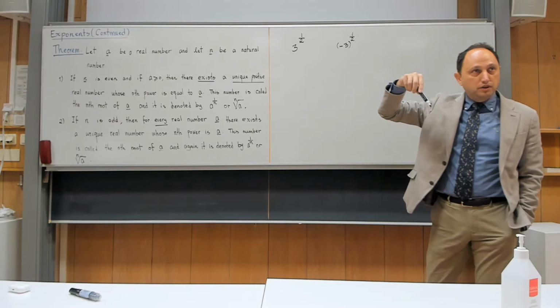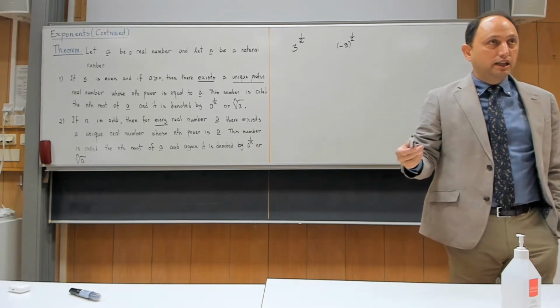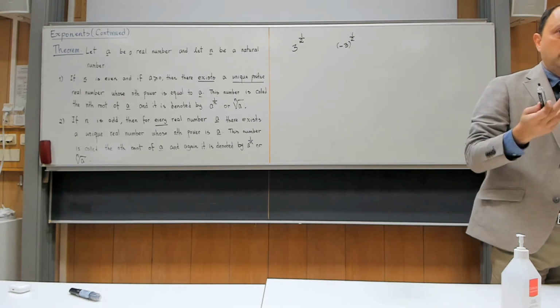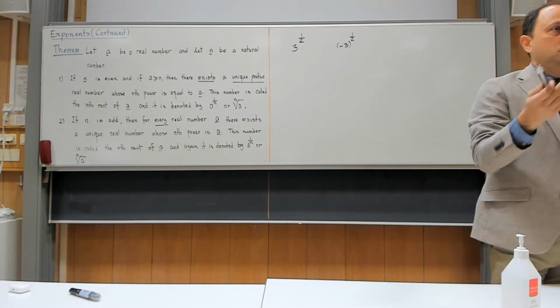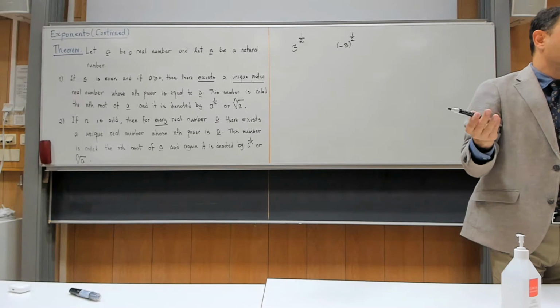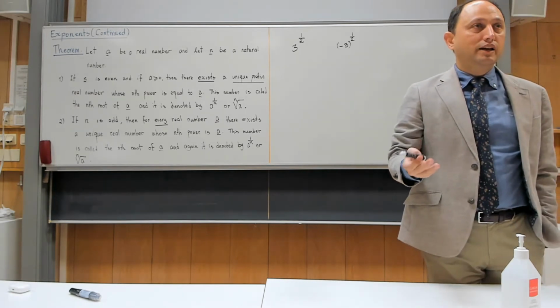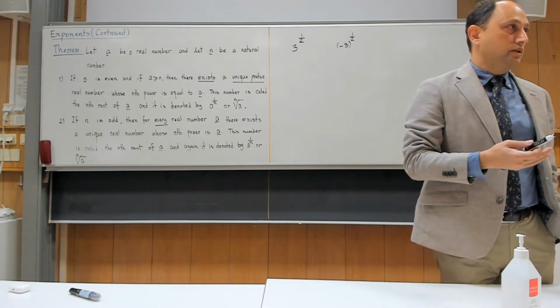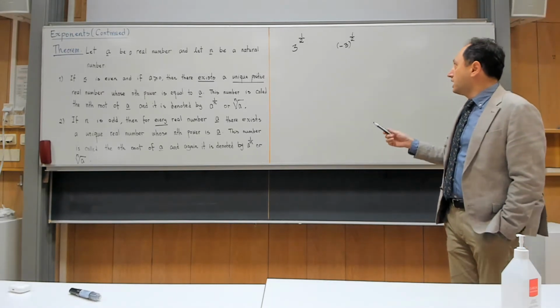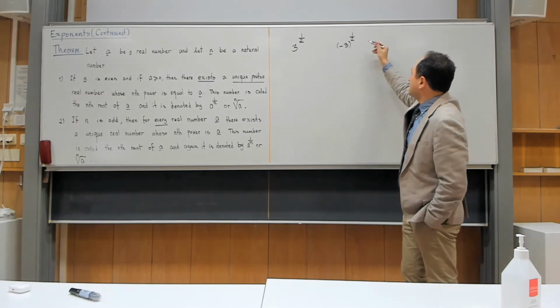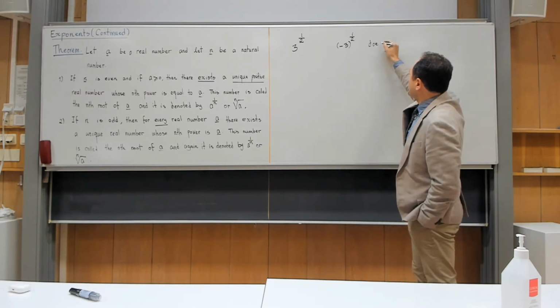But any number multiplied by itself becomes non-negative. It cannot be negative. If you have a positive number multiplied by itself, definitely it becomes positive. And even if you have a negative number multiplied by itself, again it becomes positive. So this is immediately understandable: if I want to use the same idea here, this does not exist.